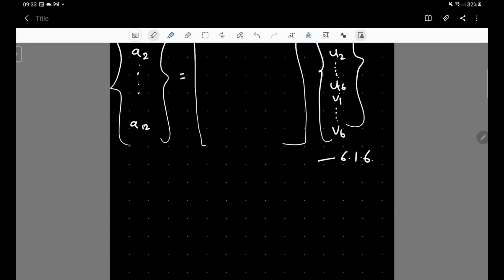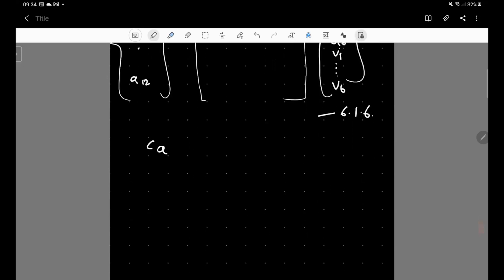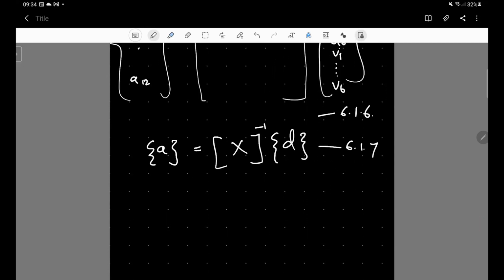So what is this equation? In the abbreviated form, we can say the coefficients are obtained by, let's call this an X inverse matrix because we substituted the values already, which is multiplied by the displacement matrix here. We know that the X inverse matrix is a 12 by 12 matrix.